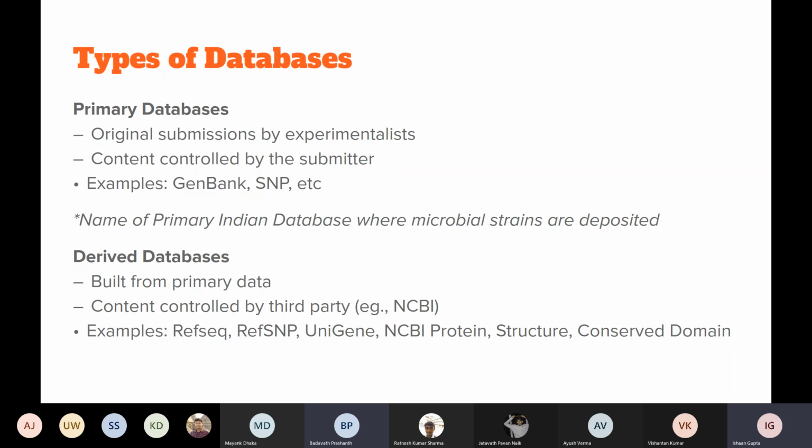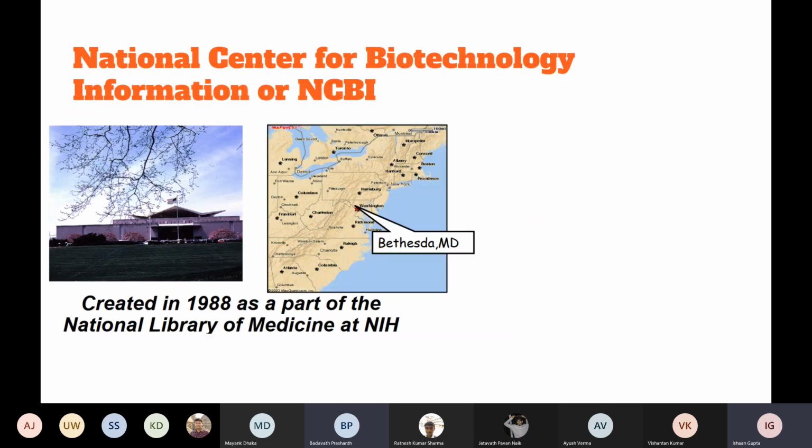All right, so there are essentially two types of databases, primary and derived. There's also a third kind which I'm going to come to. All right, so again and again you will have to hear about this word NCBI, which is the National Center for Biotechnology Information. It's located in the state of Washington, DC, in the US, and it was established in 1988.